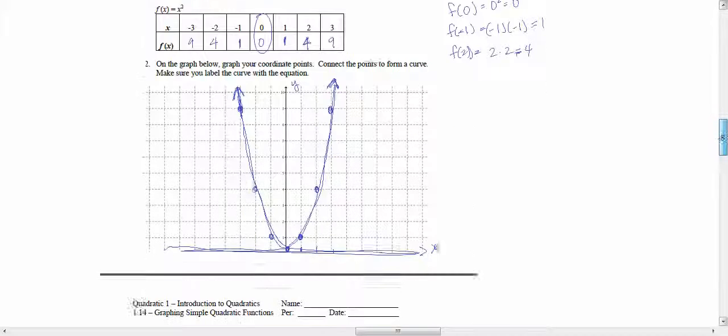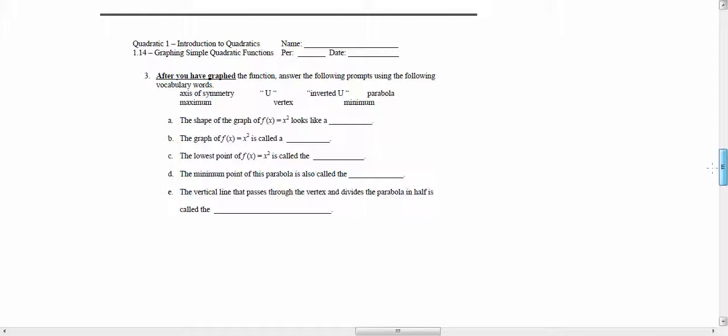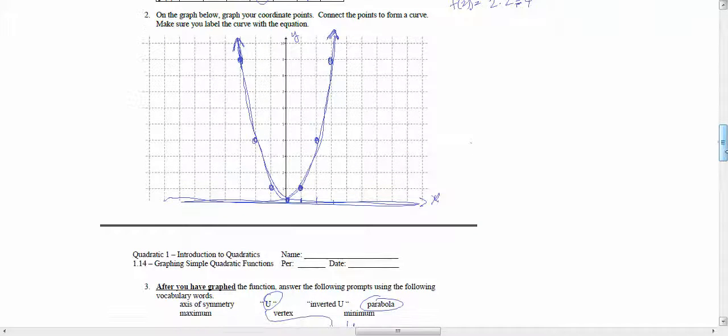So let's see. The shape of x squared looks like a U. The function x squared is called a parabola. The lowest point on the parabola, well, there is a lowest point on this parabola. It would be this point right here.